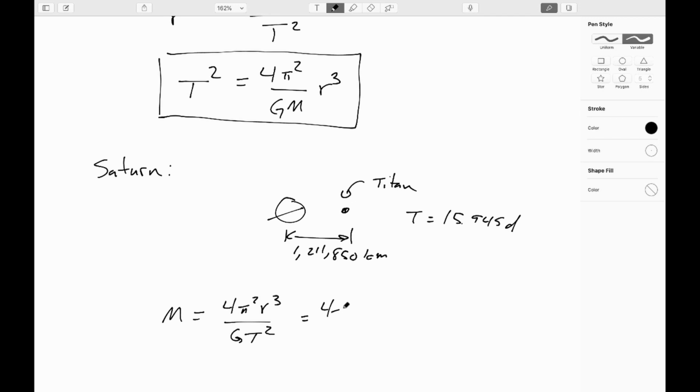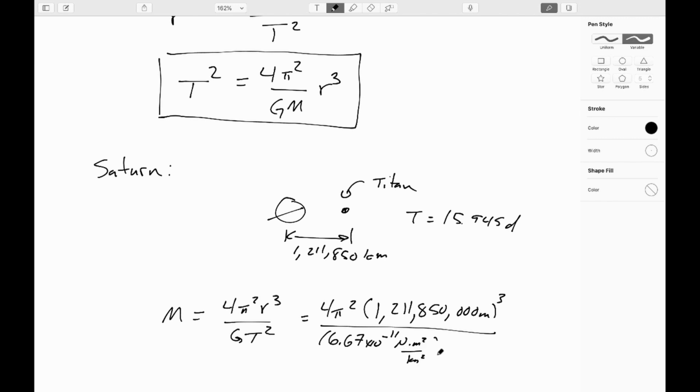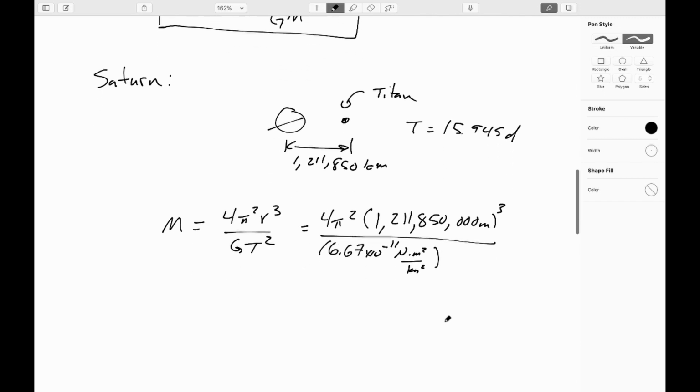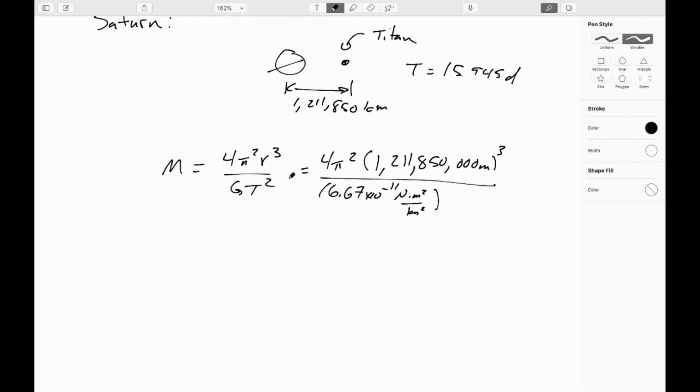So this will be 4 pi squared, and then you'll have to take your kilometers and make them into meters, so 1,211,850,000 meters cubed, over 6.67 times 10 to the negative 11 newton meter squared per kilogram squared. And then same deal here, you're going to have to take your days and turn them into seconds.